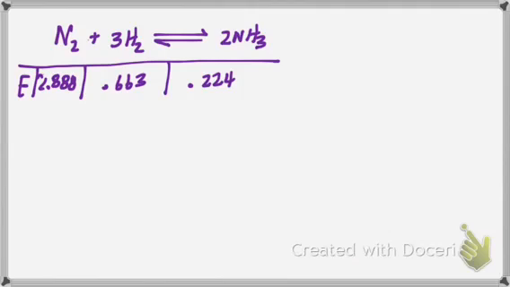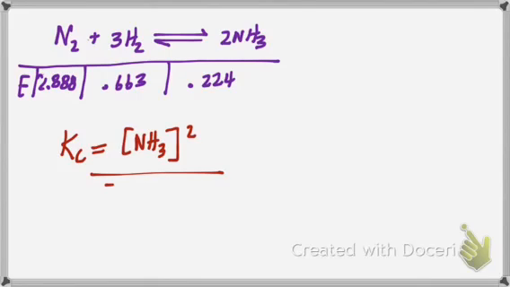You've got to write an expression for this equation. And in doing that, we would say, okay, I've got NH3 squared over N2 times H2 cubed.